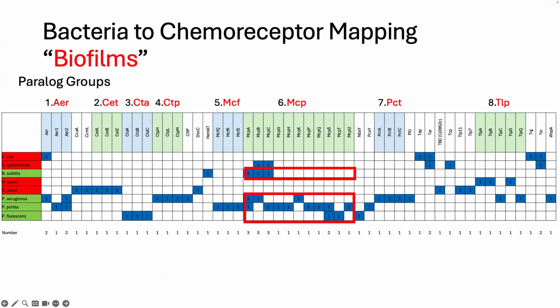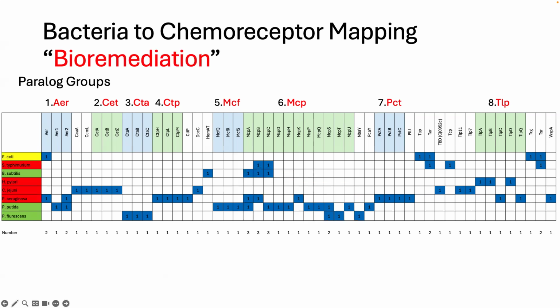But maybe if we started to look at some of the other aspects of it, including the ligand binding, the folding structure, stuff like that, we might get some additional insight. And finally, we have the bioremediation. So we have these ones that we can be looking at for those possibilities.